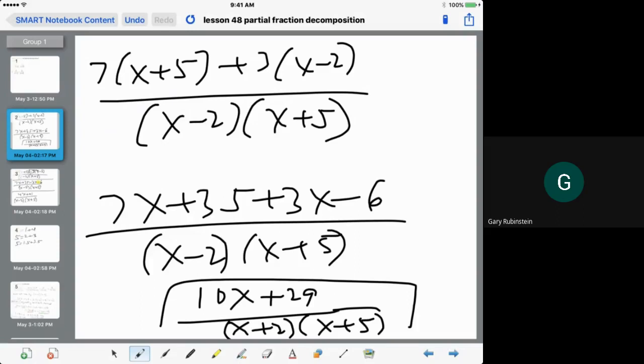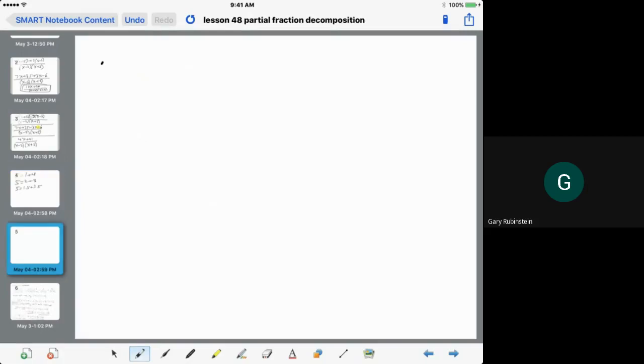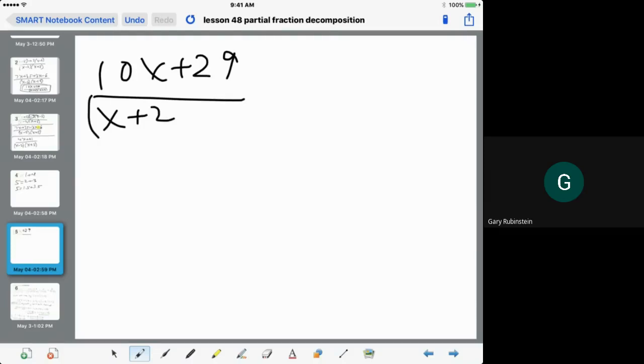So the question is, what if I were just given this thing? Are we able to split that up? So let's come over here. 10x plus 29. Oh, minus 2, thanks.